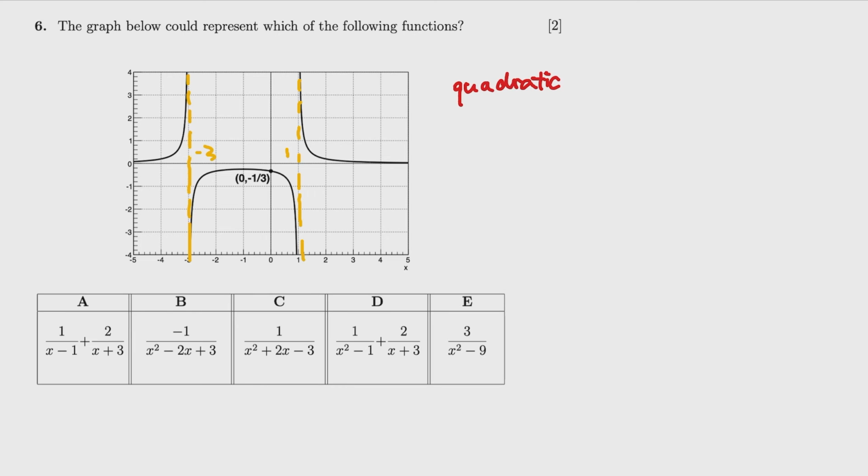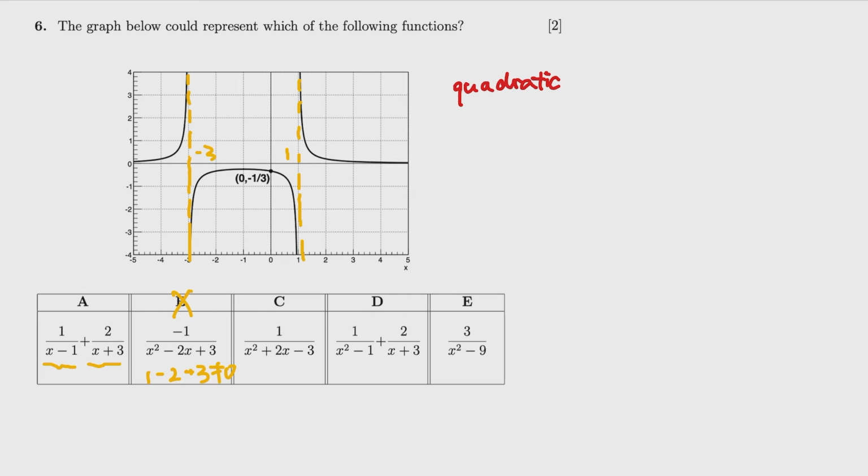If we put minus 3 into the function, the denominator of the second term is going to be 0. And if we put 1 into the function, the first denominator is going to be 0. So A potentially can be the answer. Option B. If we put x equals 1 into the denominator, we will have 1 minus 2 plus 3, and we know that that's not going to be 0, so B is not the answer.